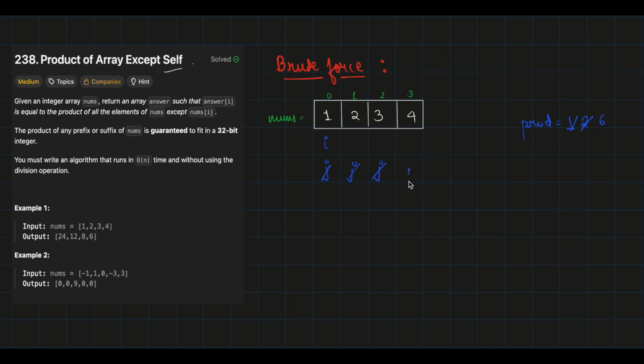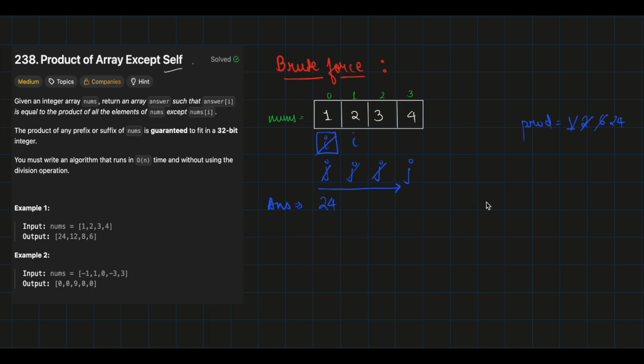Now we can increment j again. Now 6 into 4 is 24. So we know that at the ith index the answer is going to have the value 24, and then we can move i, and then we can do the traversal of j all over again, and so on.